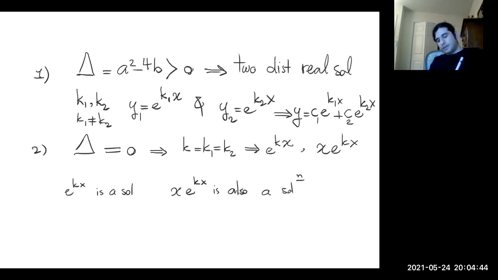How is that? Well, let's remember what the equation was. The second derivative of y with respect to x, plus a times the derivative of y with respect to x, plus b y should be 0.